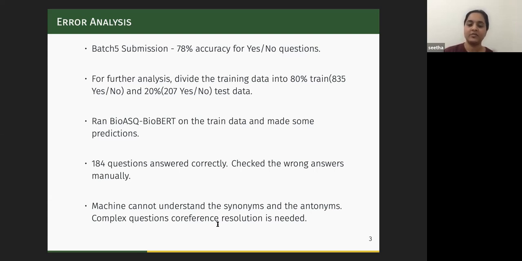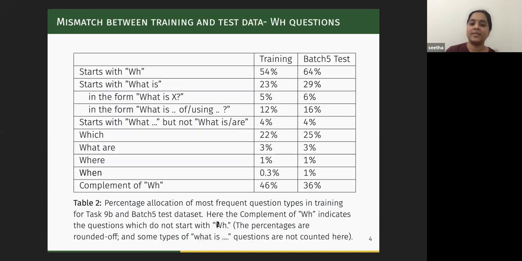Apart from this, we also noted that there is a mismatch between the training and test data in the WH questions, based on our statistical analysis of the questions in the BioASQ data. Questions which start with WH are only 54% of the questions in the training data, but 64% in the test data.